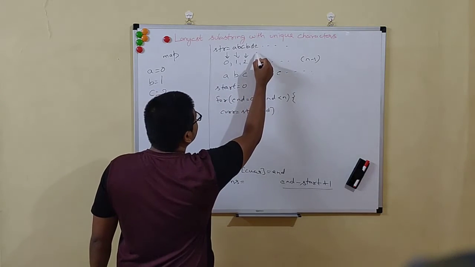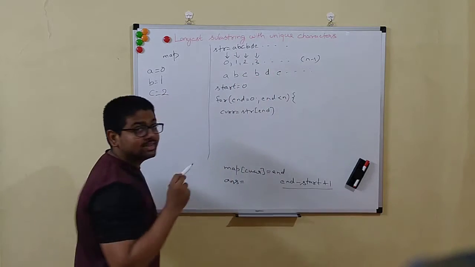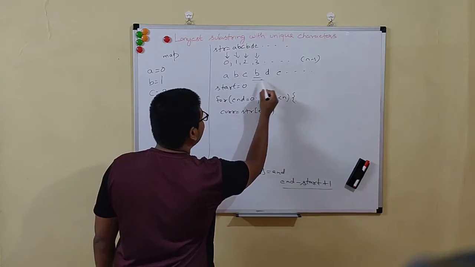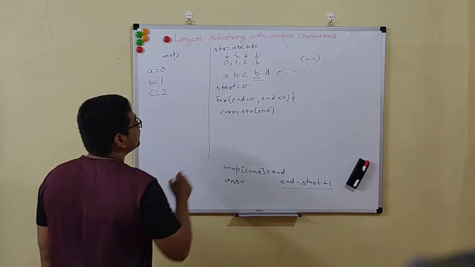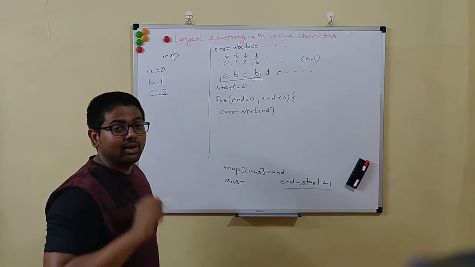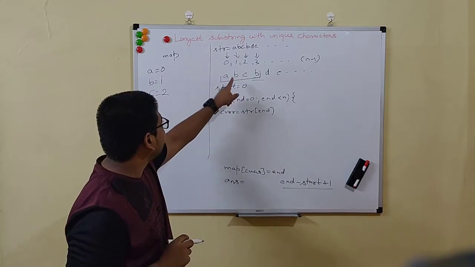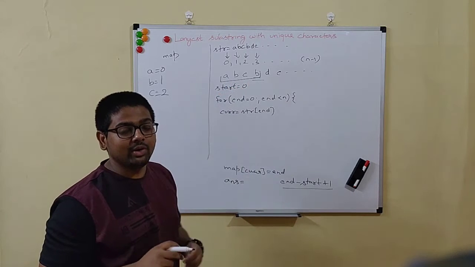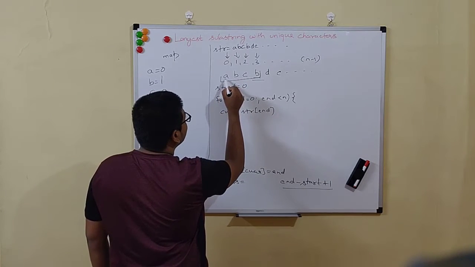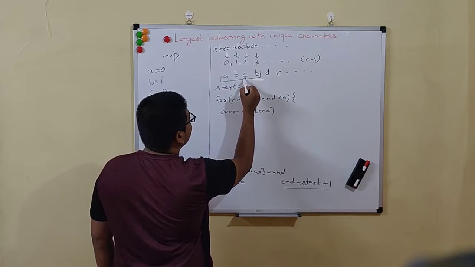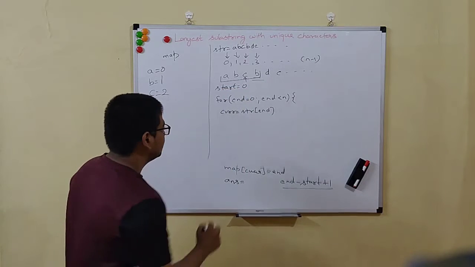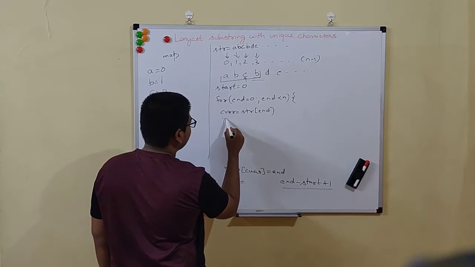Now we will go to the index 3. This is where something interesting happens. So notice that the character B is already present here in the map. So what will happen if we include this in our window? It will be a non-legal string because the character B is repeating. So what can we do? We have to transfer our start from this point to this point, which is exactly right next to the last occurrence of B. So this introduces an if condition here.